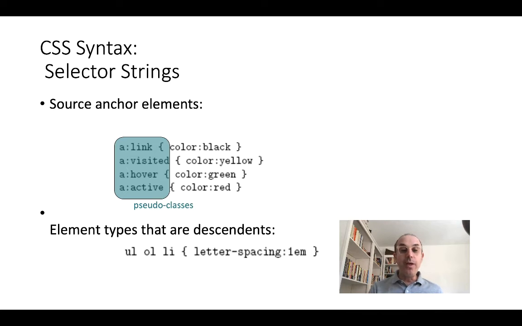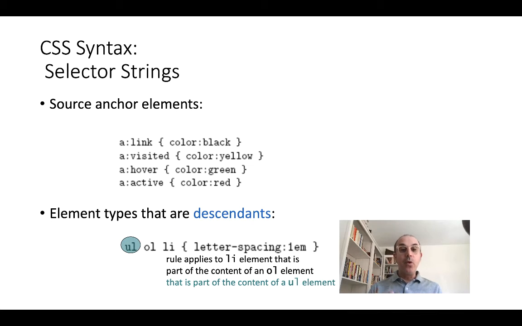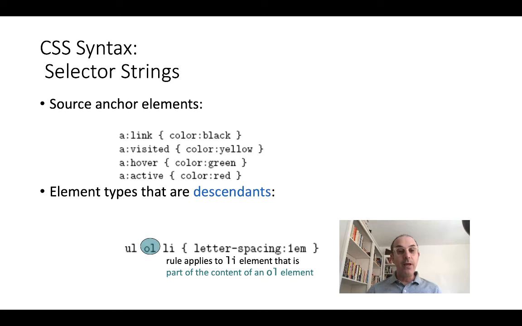Another issue is spacing. Again, we have UL, which is letter spacing of one space, which is the rule for LI in HTML, and it gives us the ability to apply it.